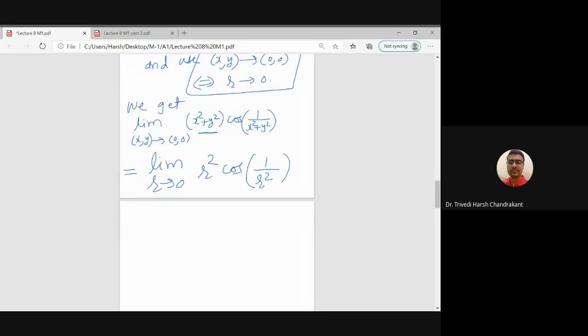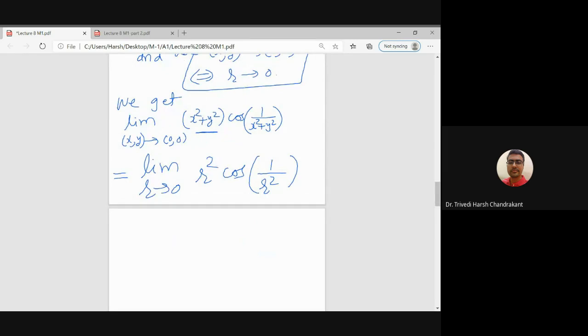Such a limit we have already studied in the calculus course, how to find the limit of a function of only one variable x. Here, instead of x, we have the variable r. So how will we show that this limit equals 0? Can anyone suggest?